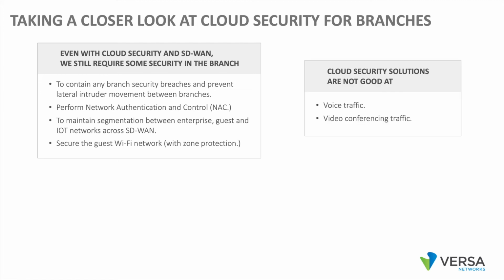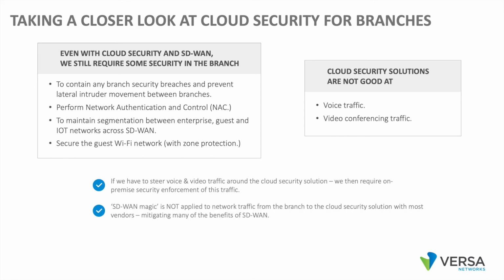We are hearing from customers that the cloud security solutions are not good for voice and video traffic, or at least some customers and some solutions. So if we have to steer voice and video traffic around the cloud security solution, we then require on-premise security to enforce this traffic.